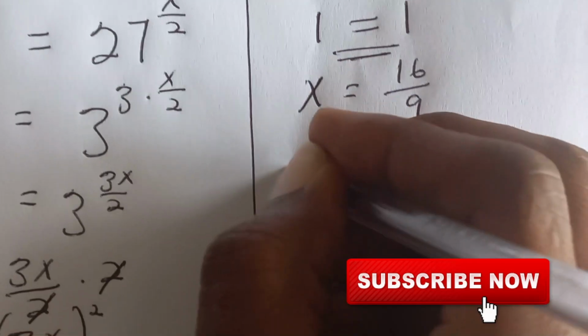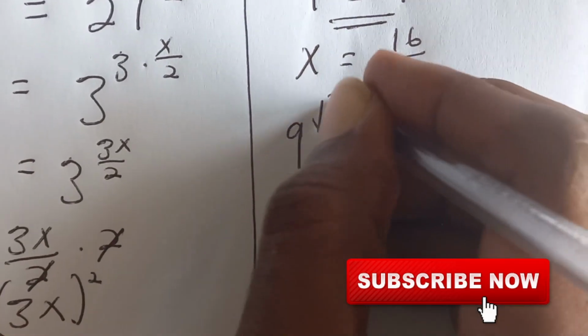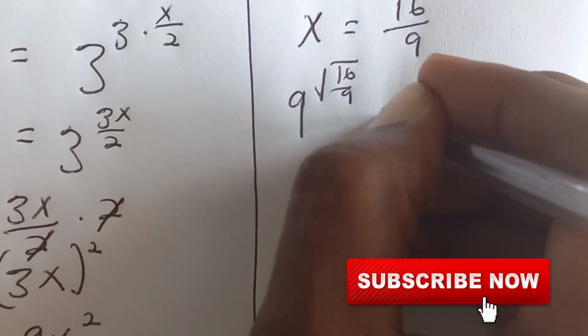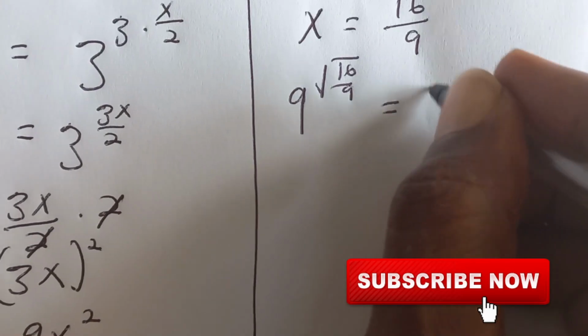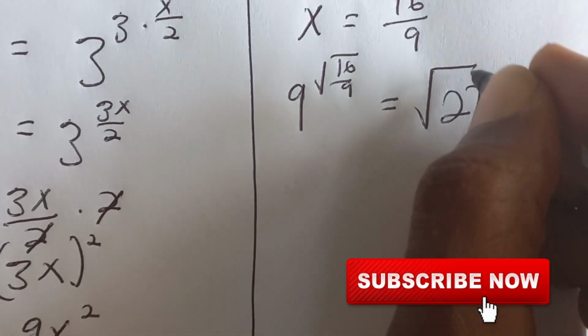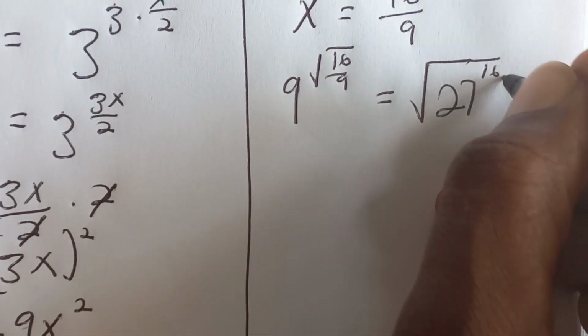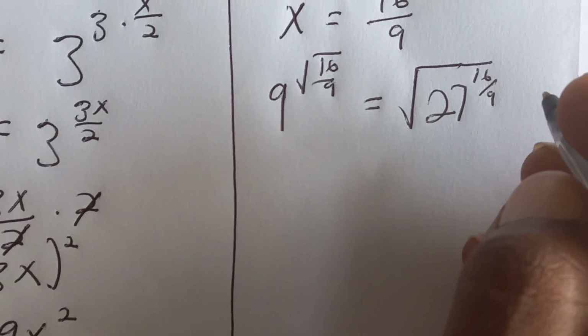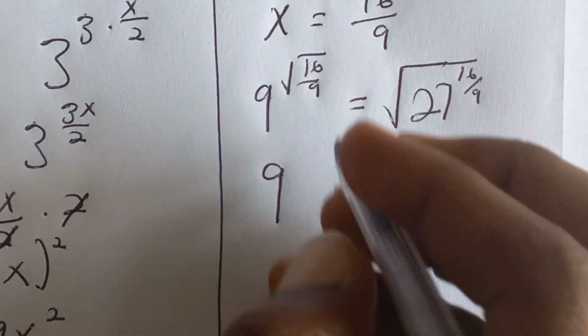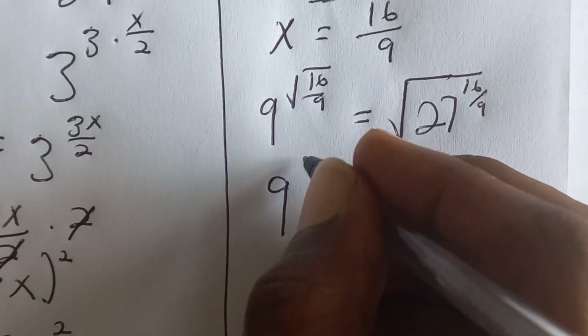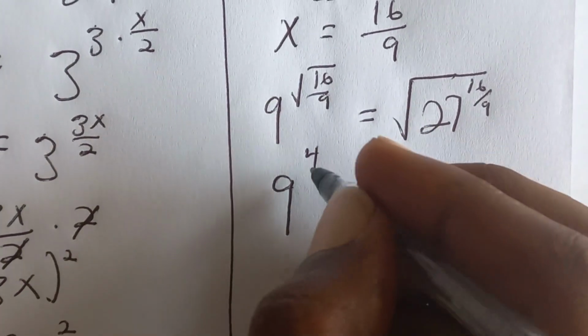So we have 9 exponent root 16 on 9, which is equal to root 27 exponent 16 on 9. Okay, now root of 16 is 4, and root of 9 is 3.